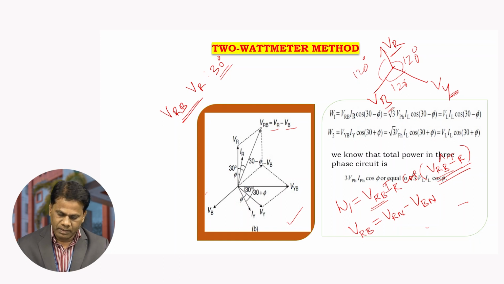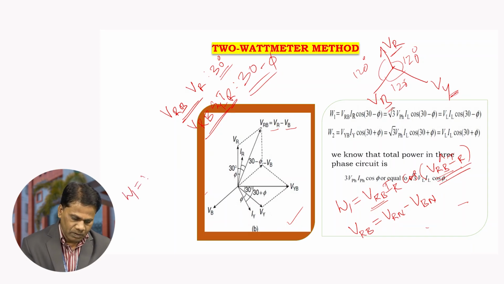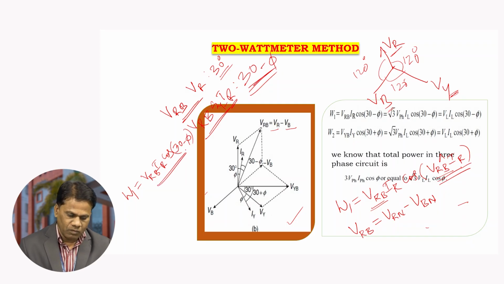But we need the angle between line voltage VRB and line current IR. So this will be 30 minus phi. So this is the angle between VRB and IR. So finally we can write the wattmeter reading W1 equals VRB IR cos of 30 minus phi. So this is the total wattmeter reading.